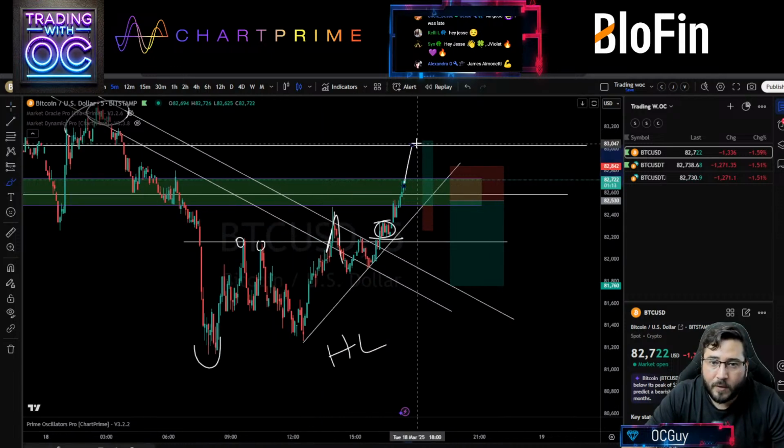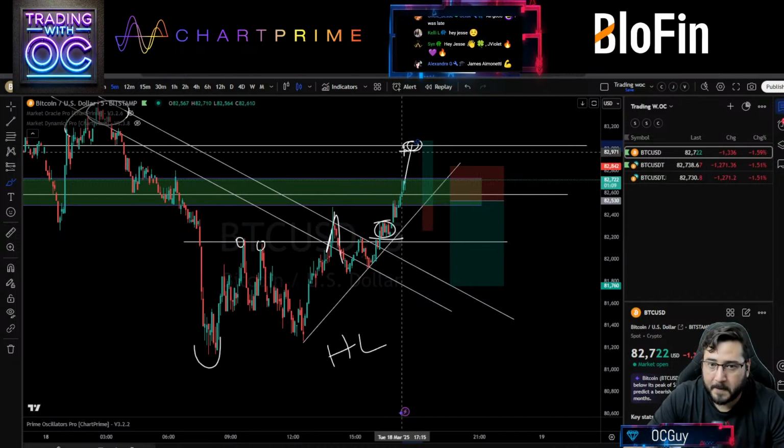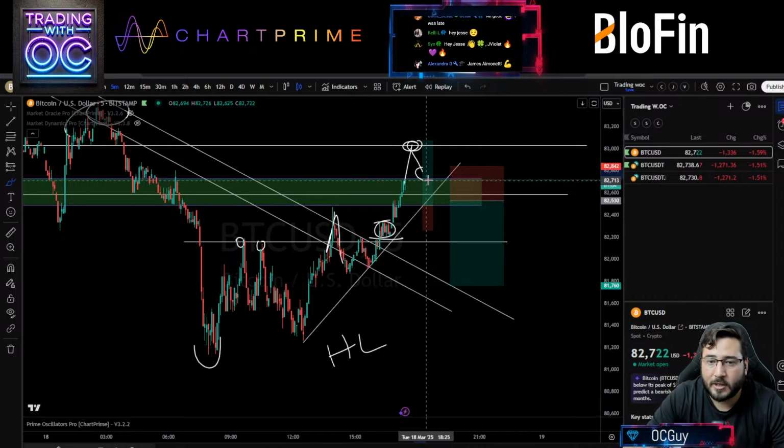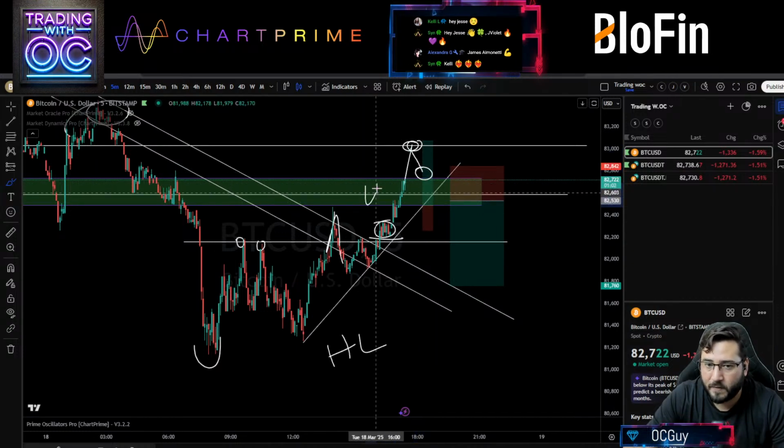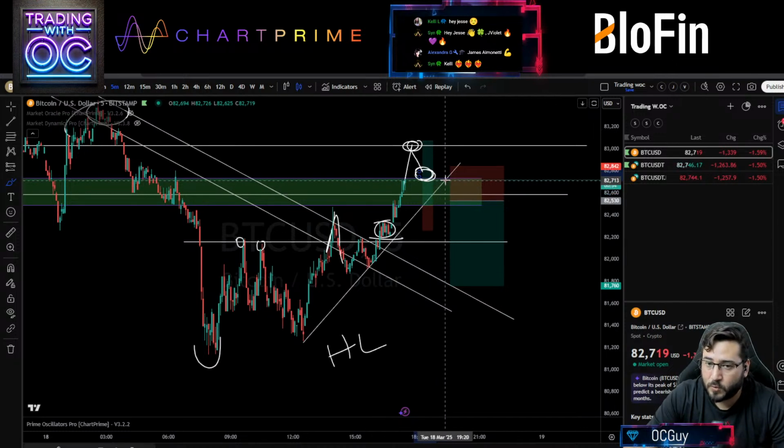If we break, well, remember, we have resistance. Fine. On the resistance, we're expecting to bounce back down to where? To the support. Remember, previous resistance becomes new support. That is going to be our first possible entry. But also, since we have a trend line here, we can expect a little bit of a drift down.